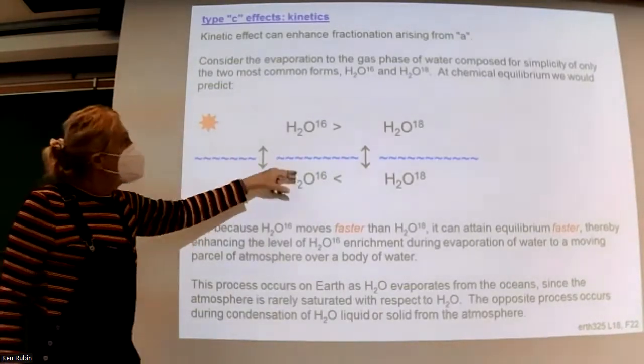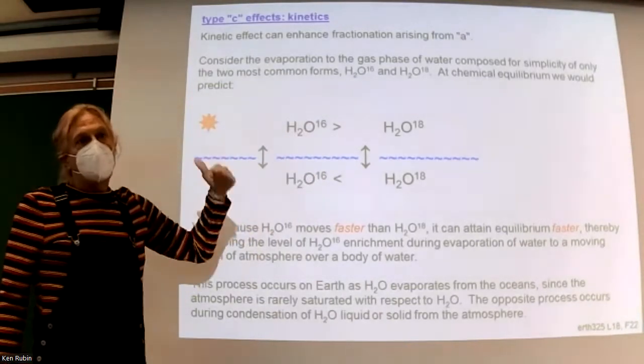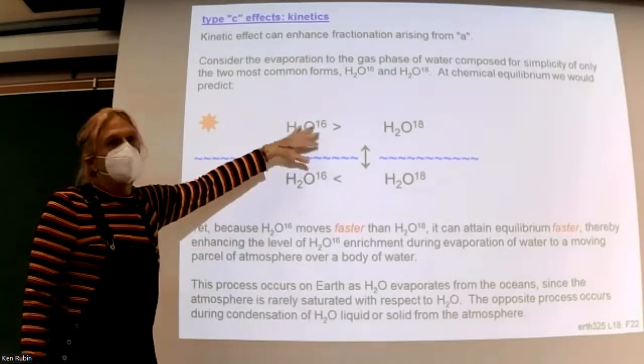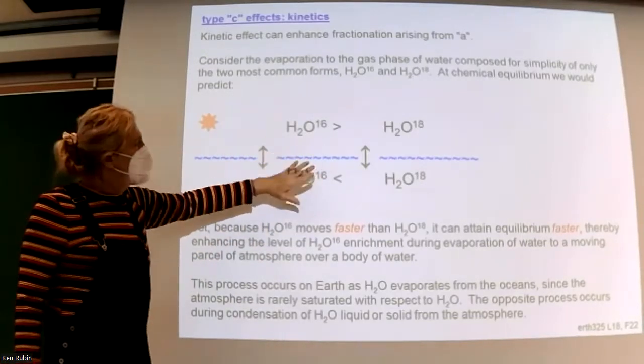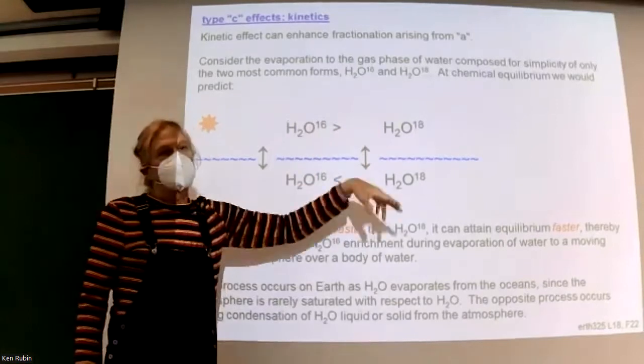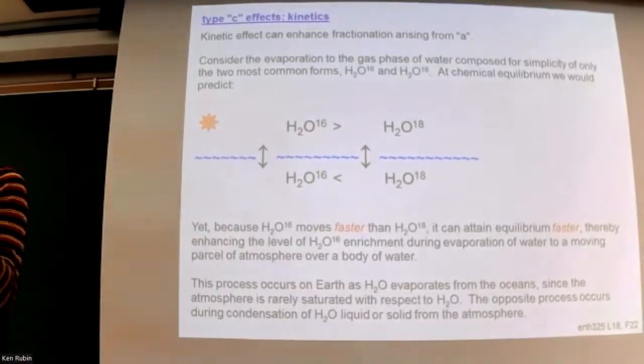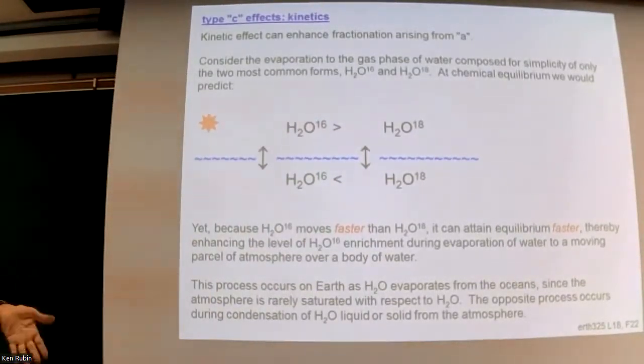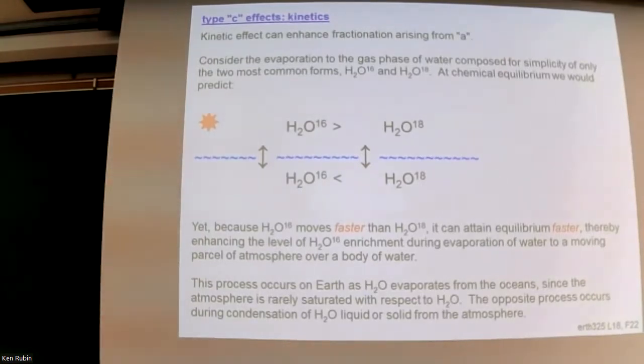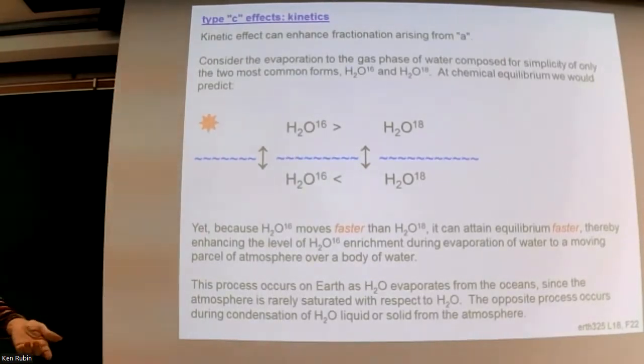This amount of difference depends on the temperature. The hotter the temperature, the less the difference, as I talked about a few moments ago. The colder the temperature, the bigger the difference. So if you want to think about here in Hawaii, what was happening when water was evaporating from the oceans today versus during the last ice age?